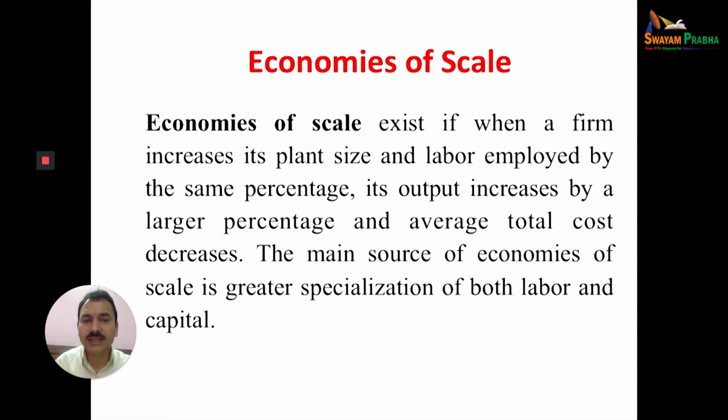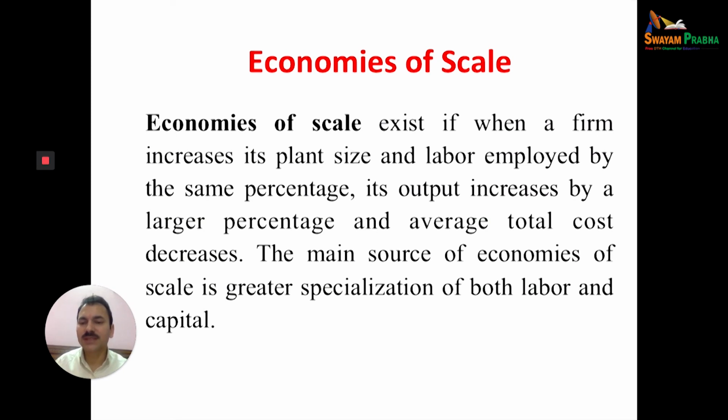Economies of scale exist when a firm increases its plant size. When the firm increases its plant size and the labor employed by the same percentage, its output increases by a larger percentage, and the average total cost decreases. The main source of economies of scale is greater specialization of both labor and capital.